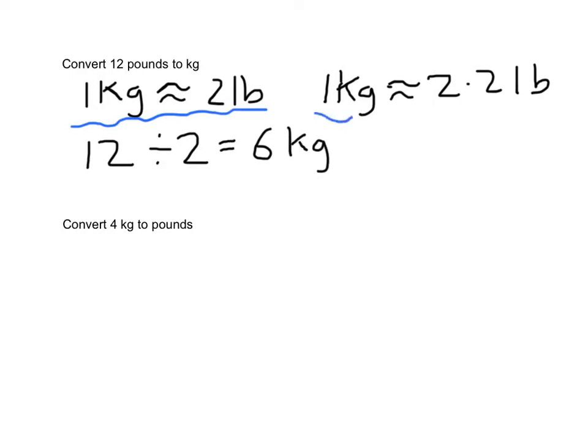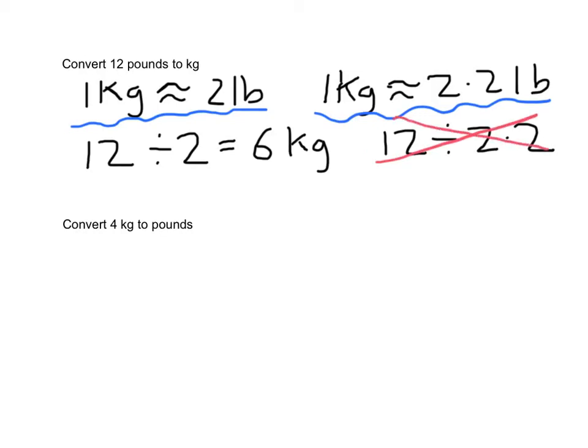If I did want to use 1 kilogram equals 2.2 pounds, then what I'd have to do is work out the answer to 12 divided by 2.2, which is a bit more complicated, and we'd have to do long division for that. So I'm not going to do that for the moment. I could do it if I wanted to, I suppose, but I'm going to stick with the first approximation, which is 12 divided by 2 is 6 kilograms.